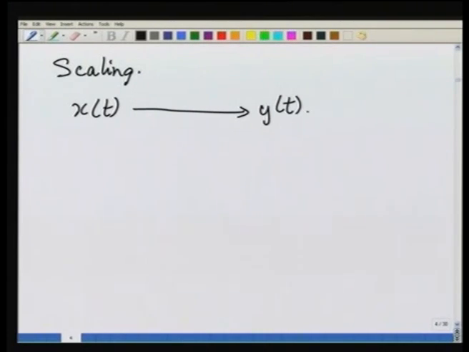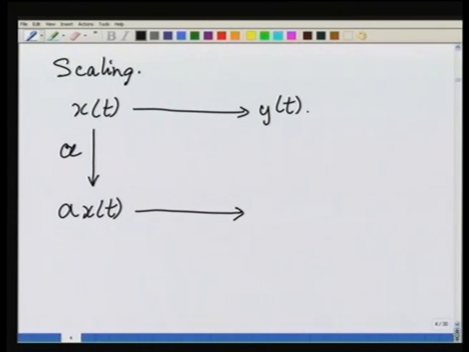Instead, we could also apply a scaling operation to x t, scaling by a factor a, for example, to get a times x t, and we could see what output arises if a times x t is fed to the system. If x t yields y t, what does a x t give us?